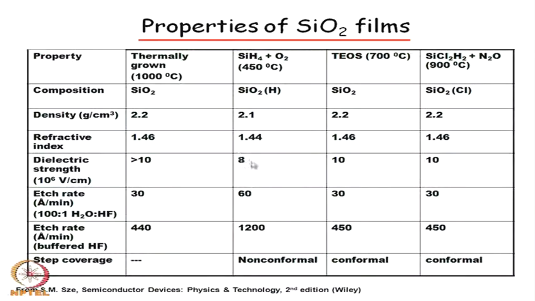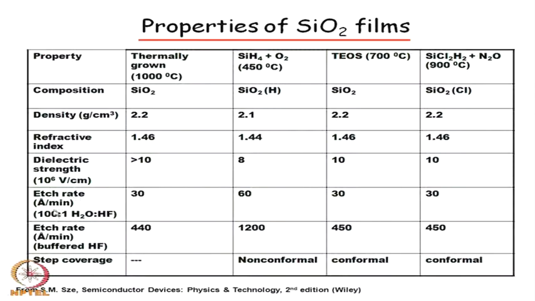So, that means we can say that some porosity is developed during the reaction of silane and oxygen to obtain SiO2. However, for the two other methods, like the decomposition of TEOS or dichlorosilane with nitrous oxide, the dielectric strength at 10 to the power 6 volt per centimeter is almost 10.